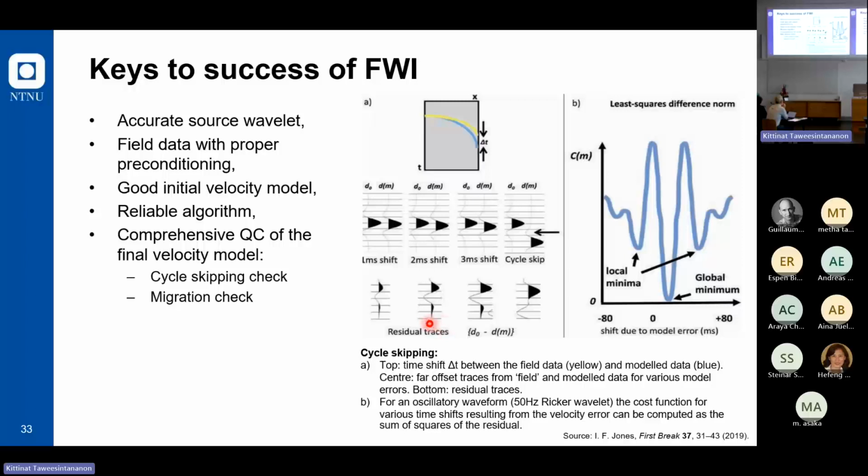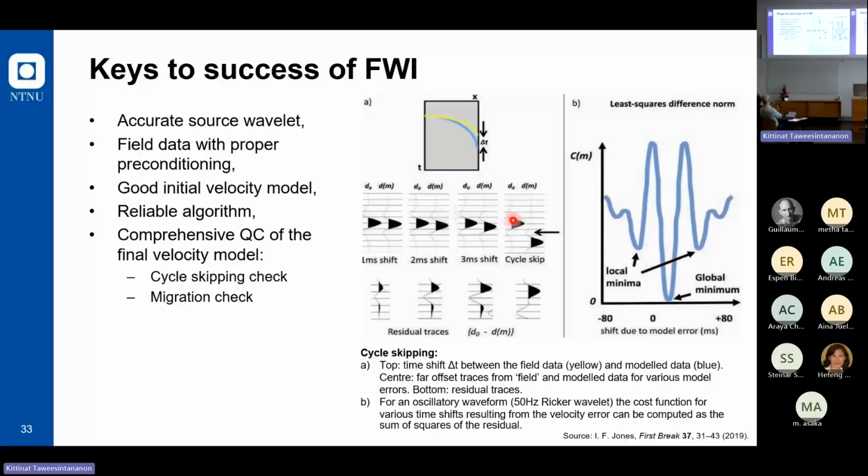What is cycle skipping? Normally, for example, the field data is the yellow line, but the model data is the blue line here. You can see it's not aligned well. The traditional cost function for FWI is to subtract the observed data and the model data.